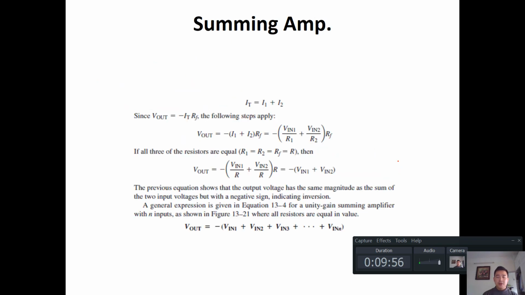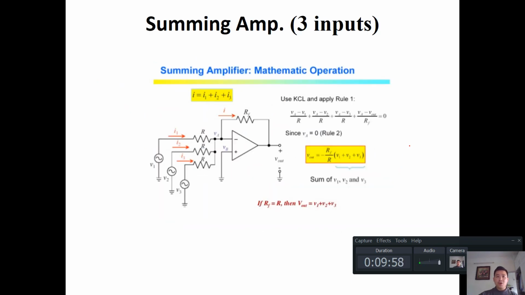When we have more inputs, for example, we want the summing of V1, V2, V3, etc., Vn, we can use this kind of circuit. All of the inputs will go to one input of the op-amp.